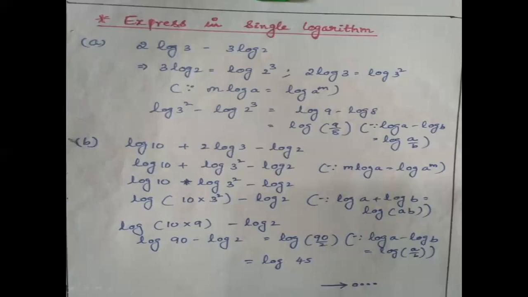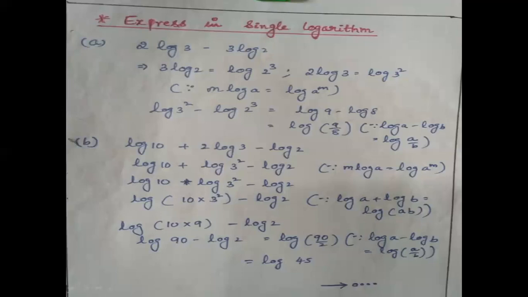Now the first two parts are in the first law of logarithm, that is log a plus log b is logarithm of a into b, that is logarithm of 10 into 3 square, minus log 2. 3 square is 9, so 10 into 9 is 90. So log 90 minus log 2.